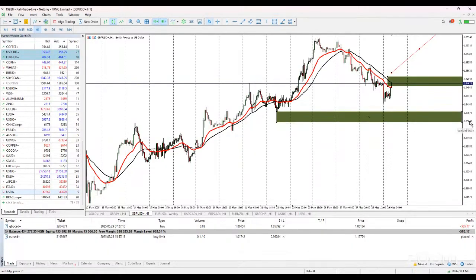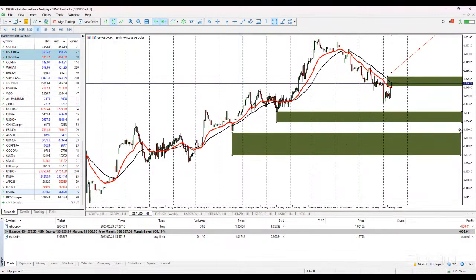I'll put our stop loss here. That's the SL1, followed by another one, which is this. So the stop loss will be around this region.